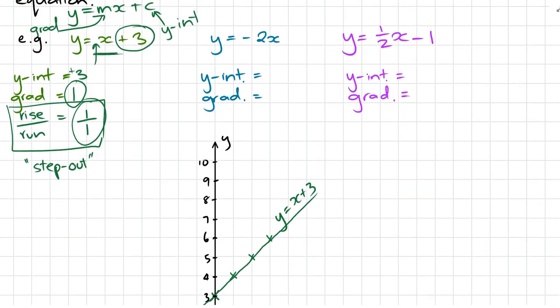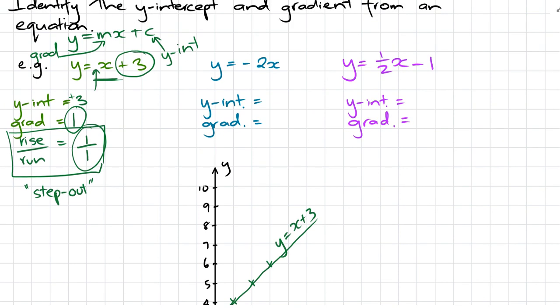Okay, let's have a look at the next one. y equals negative 2x. Now, it looks like there's no intercept here, but the intercept is actually 0. So when you've just got y equals some x value, the y-intercept is 0. So the y-intercept is 0 and the gradient is negative 2.